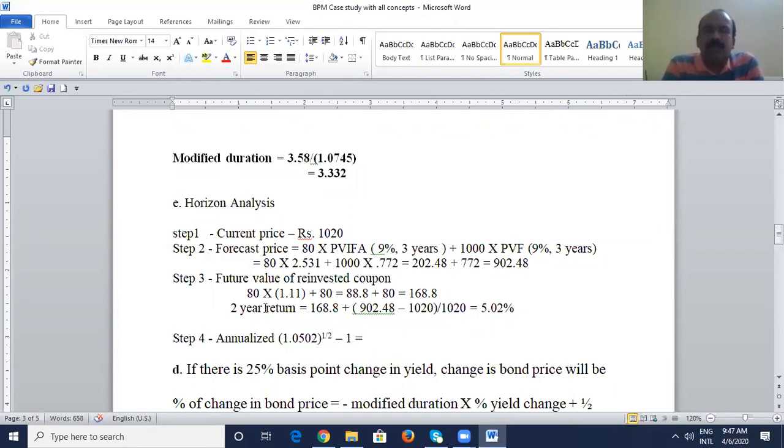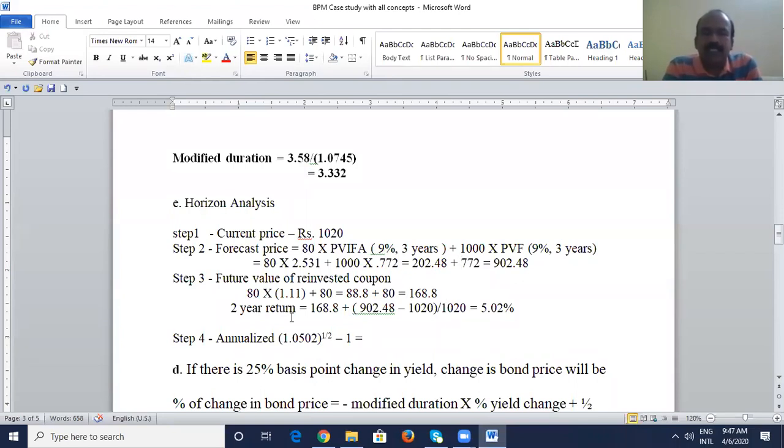So we need to get the future value. Step 3: 80 into 2 years of interest. The first year interest is invested at the end of the first year for 1 year, so 80 into 1.11, plus the second year interest. For the second year interest, he cannot earn any interest because he receives it at the end of the second year. So plus 80. So 88.8 plus 80 is 168.8.